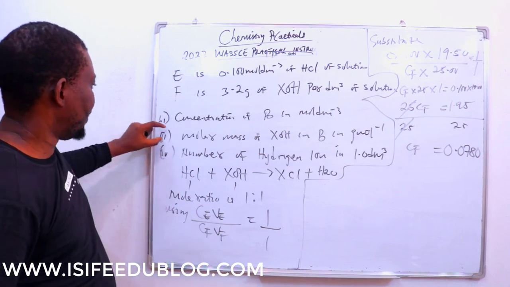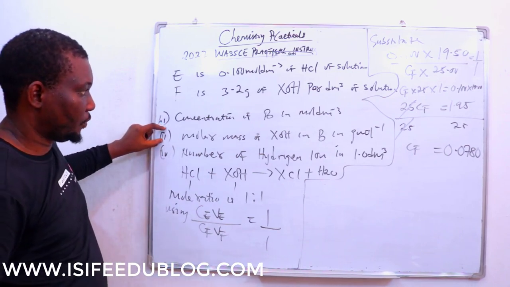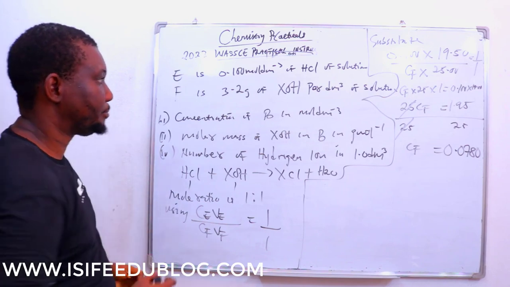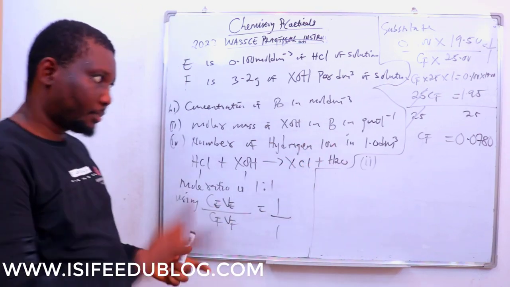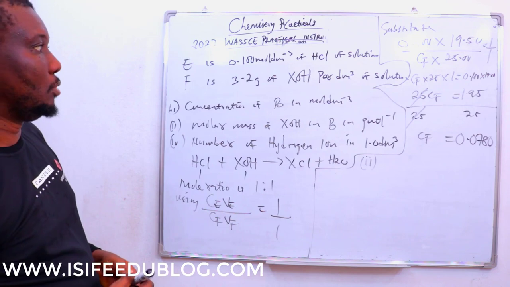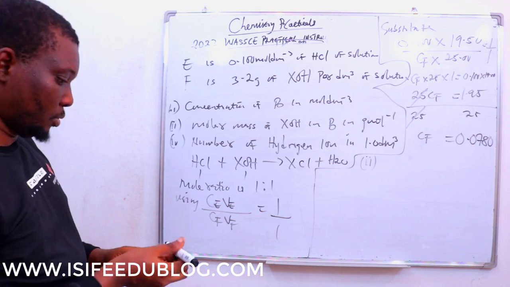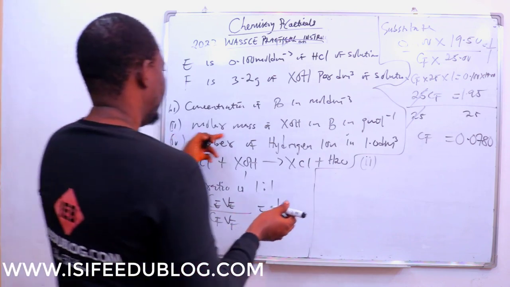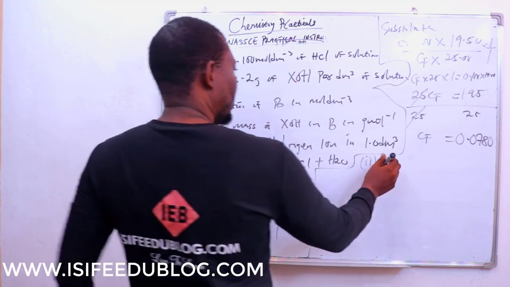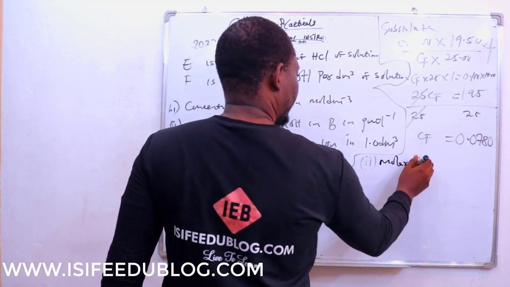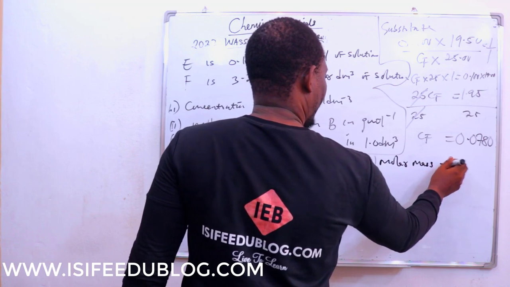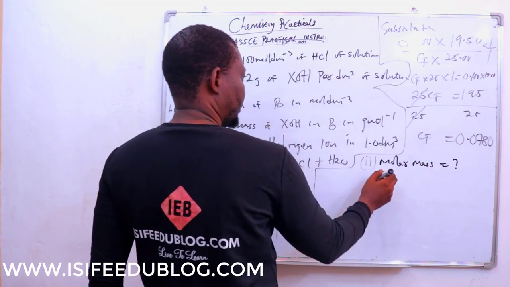So that's what you have here. So we can now find the molar mass of XOH. That is the molarity concentration of B in mole per dm³. So we find the molar mass, which is what we want to find out.